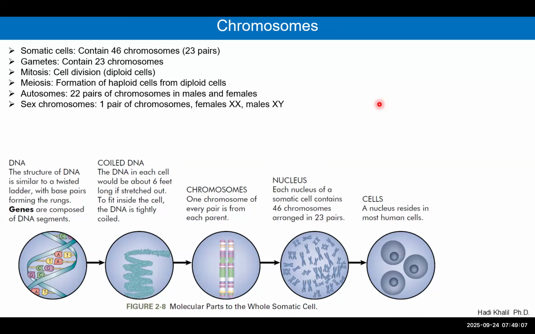Okay, now the gametes have only 23 chromosomes, because the gametes are a transitional state of life, I want to say. The gametes are generated in males or females as sperm or eggs, right?